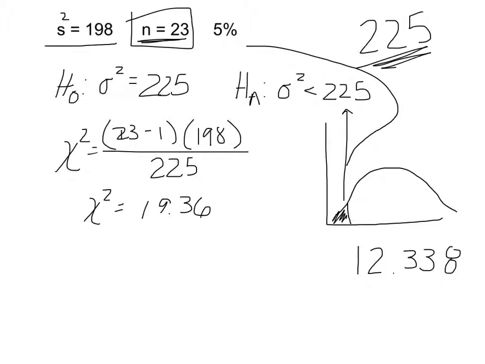So in this situation, the 19.36 actually falls in the non-critical region, which means this data does not support the instructor's claim. The 198 is lower than 225, we can agree on that, but it's not significantly lower. Let's look at another example.